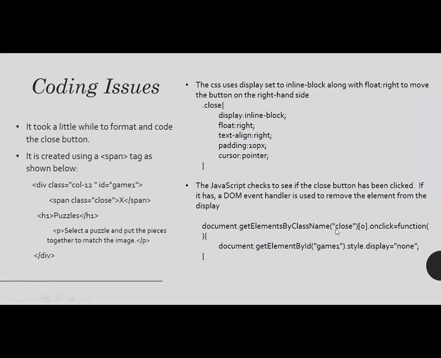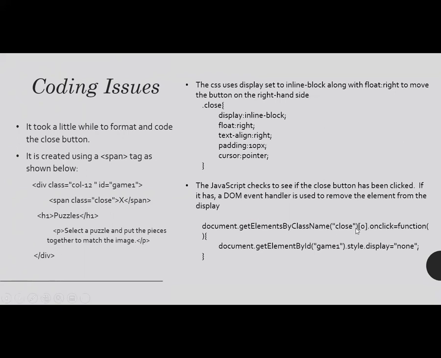And I wanted to use the same class name in each one of those games. So I used a span tag with class, but then in order to target that in my JavaScript, I had to do get elements by class name, and then I had to subscript in, because this is a node list, okay? Because there's 4 that have that same class name.